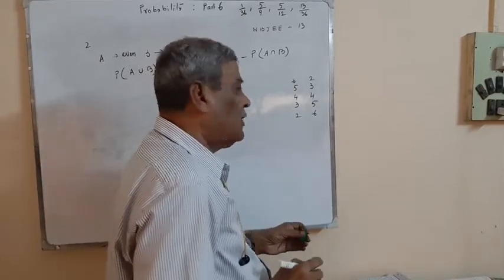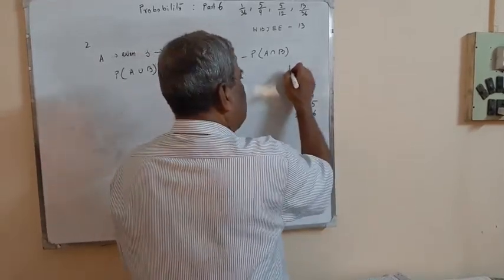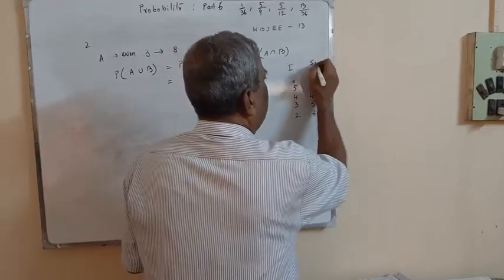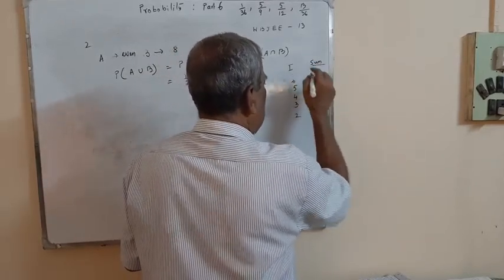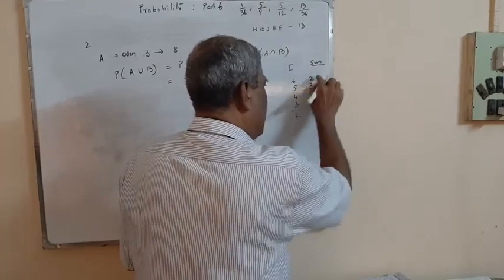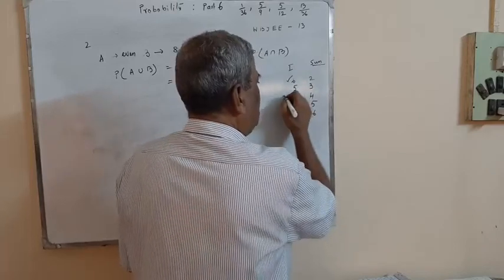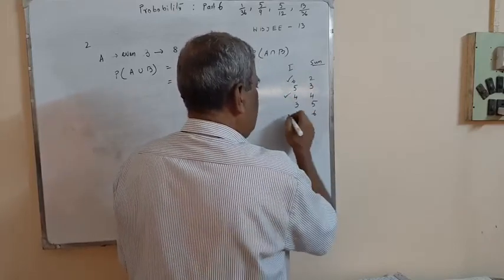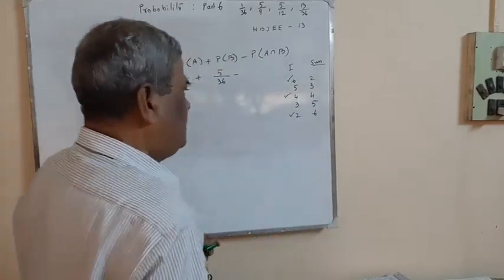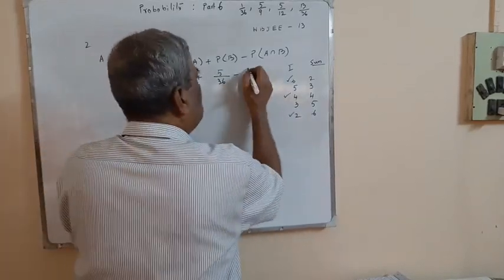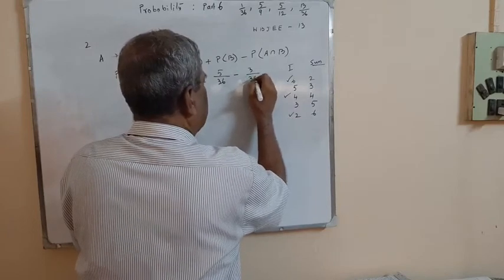A means that in the first die an even face will show, and the sum is equal to 8. Sum is 8 in all the cases. In this case the first face is even, and the sum total is 8. So this is equal to 3/36.